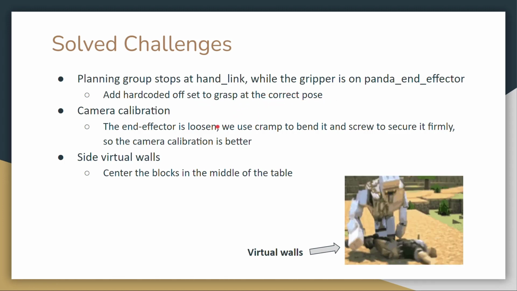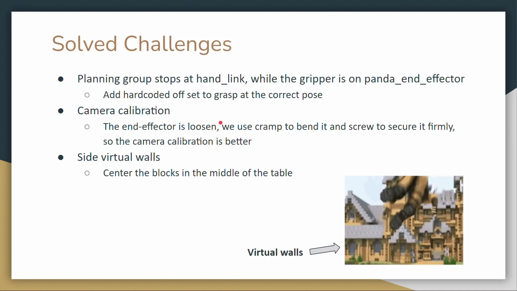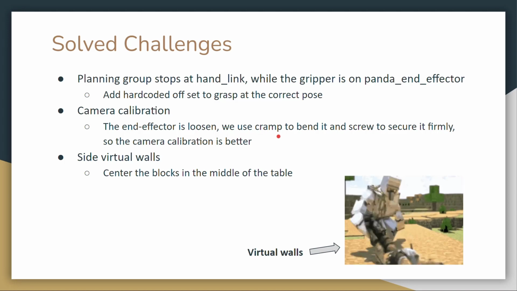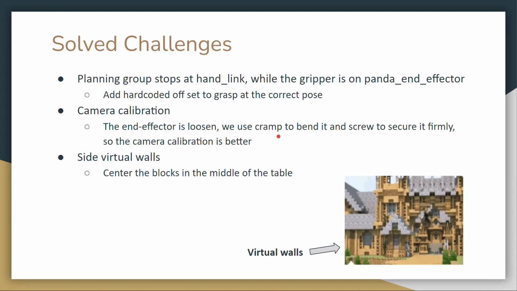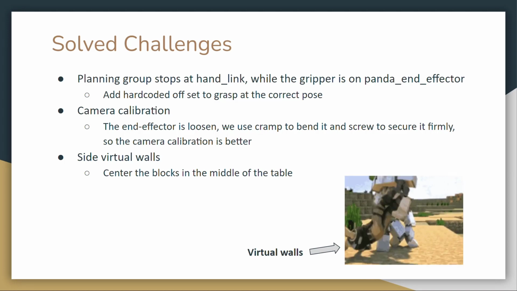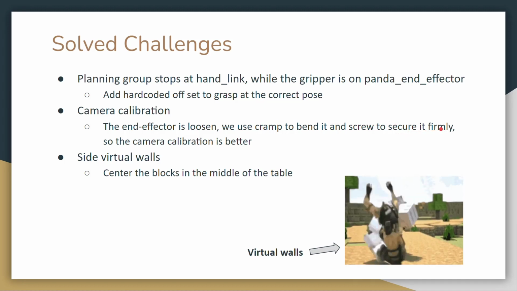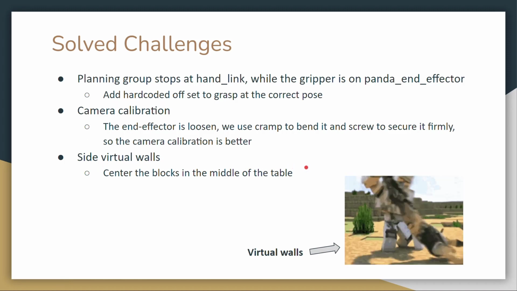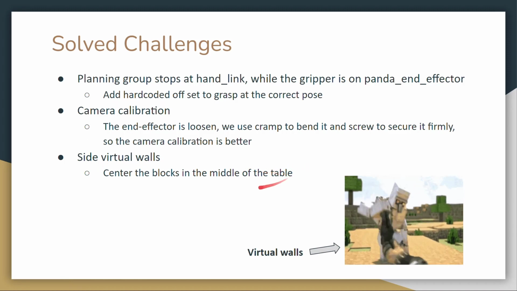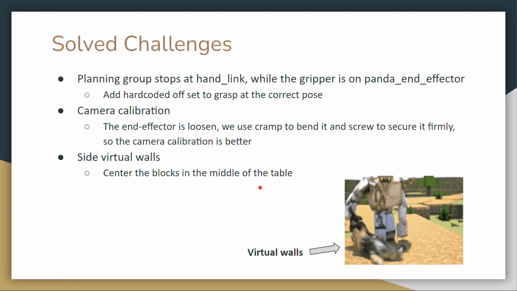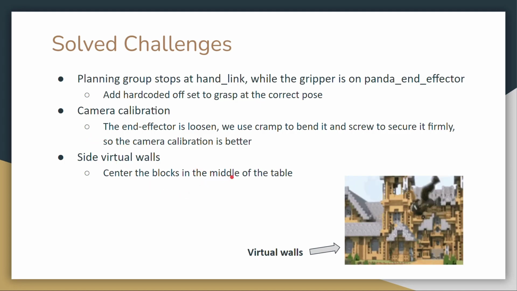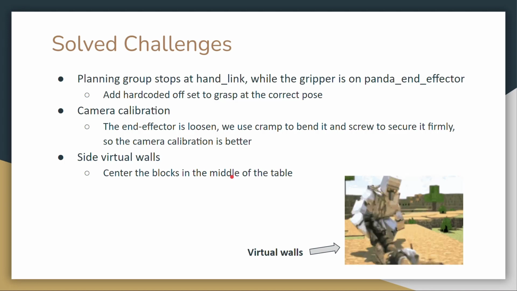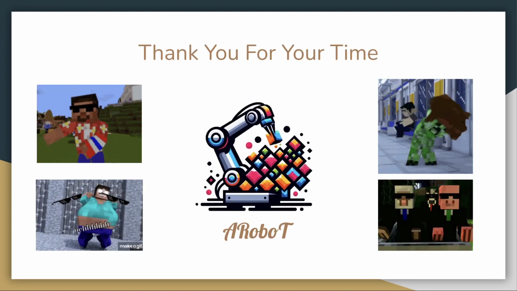For camera calibration, the camera mount was a little loose, so we used a clamp to bend it to be perpendicular, and we also screwed it in to be secure. There are also side virtual walls, and we actually didn't solve this. We just have to move the blocks toward the middle of the table to avoid colliding with the virtual walls.